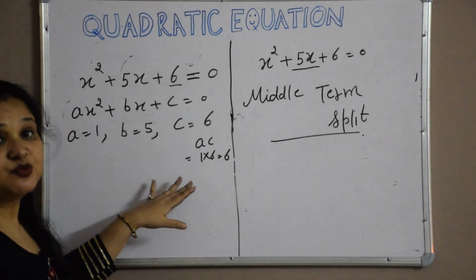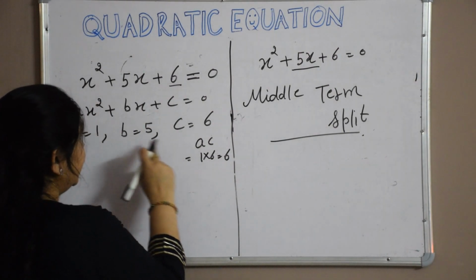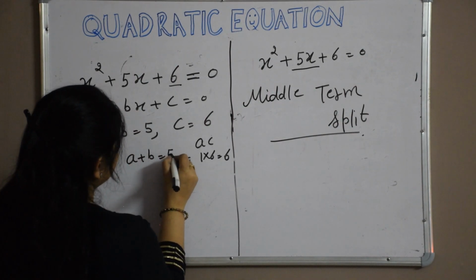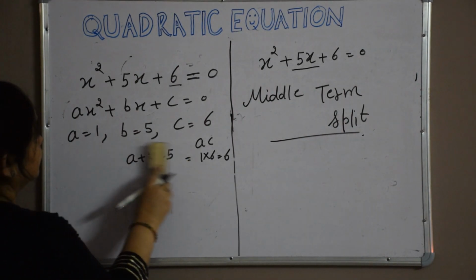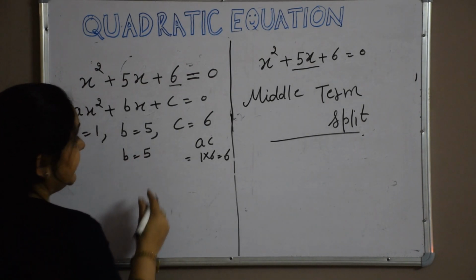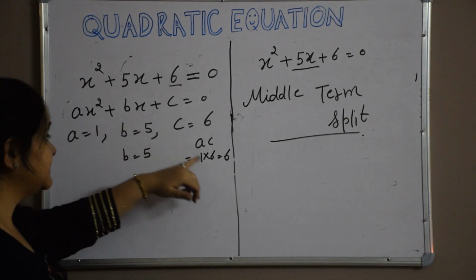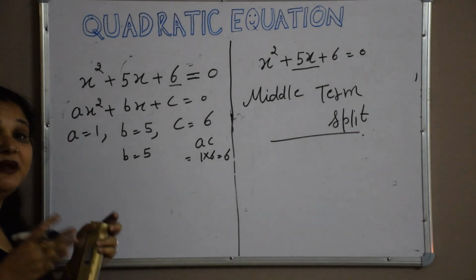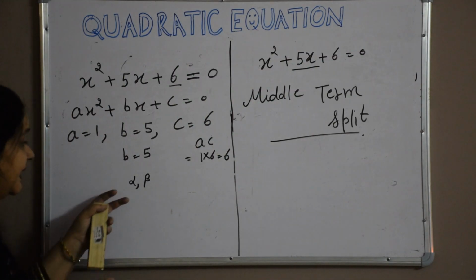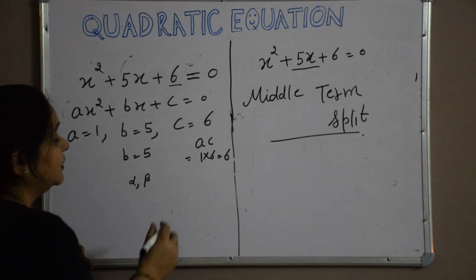So I have to choose two numbers whose product ac is 6, and when I add those two numbers, suppose they are alpha and beta, I should get b, which is 5.